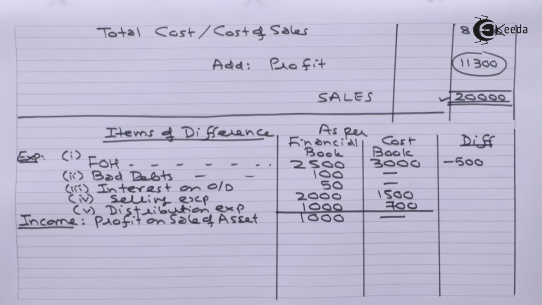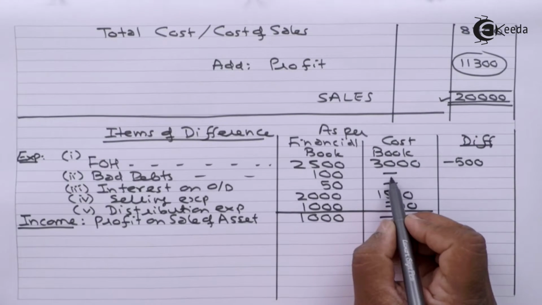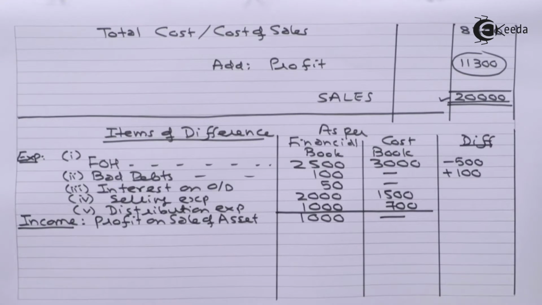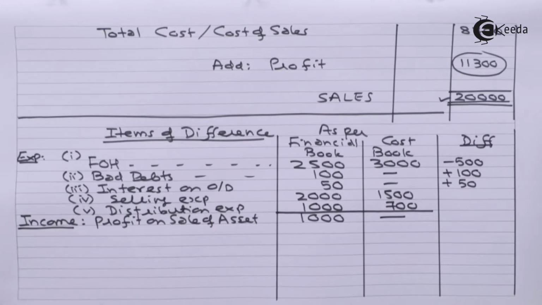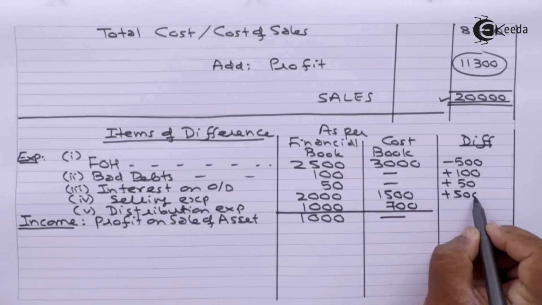So we get minus 500. 100 minus 0 plus 100. 50 minus 0 plus 50. 2000 minus 1500 plus 500.